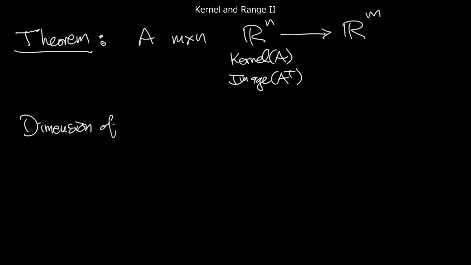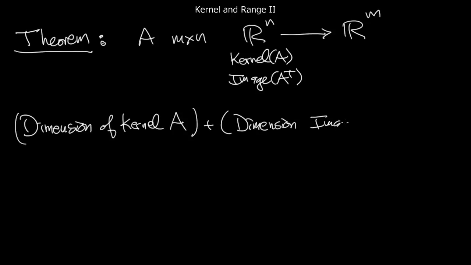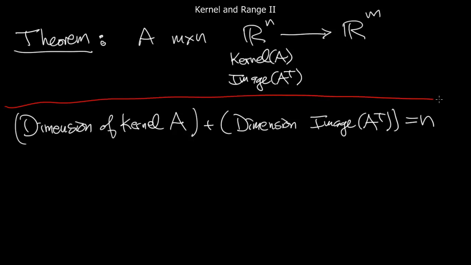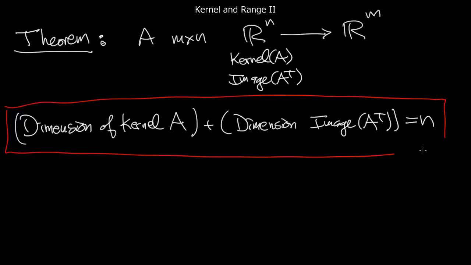The dimension of the kernel of A plus the dimension of the image of A transpose add up to n. And it's very important and helpful to keep in mind that the subspaces whose dimensions you're adding are subspaces of the same space. You're not adding dimensions of a subspace of Rn and another subspace of Rm. It's entirely in Rn.